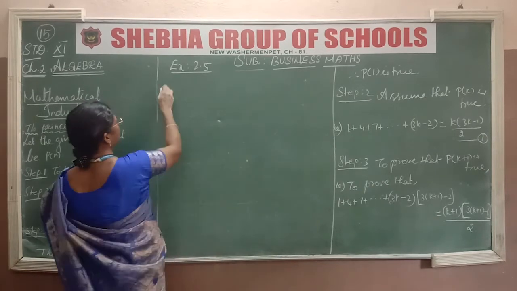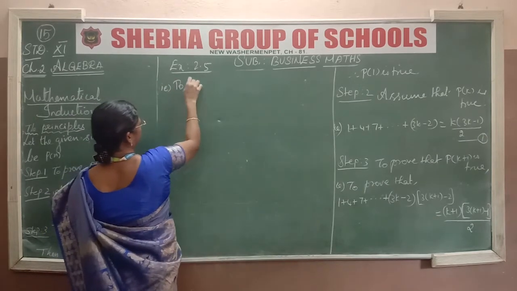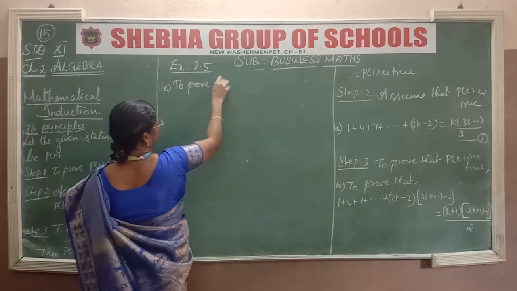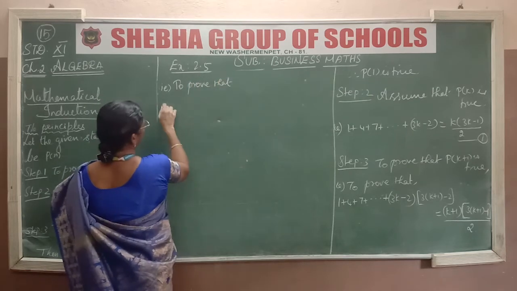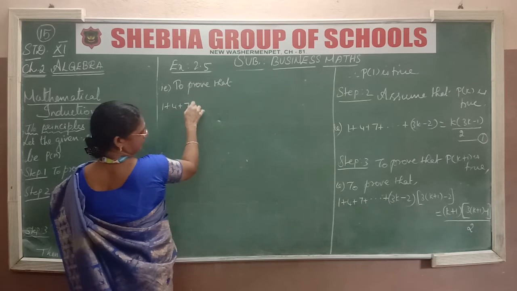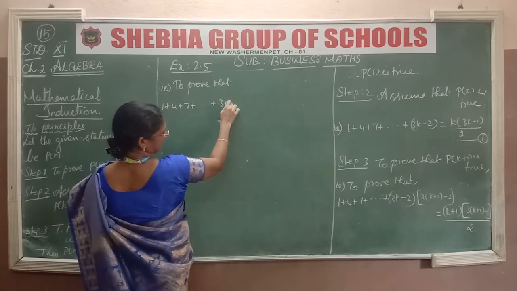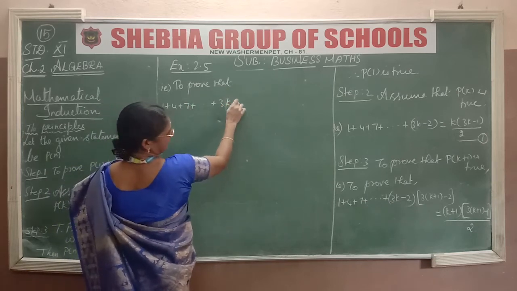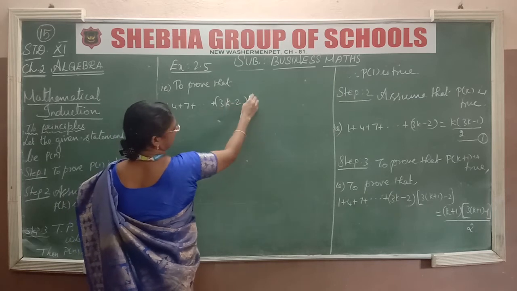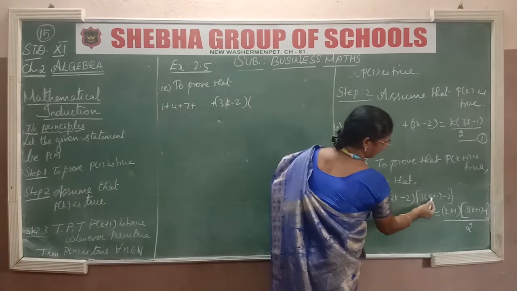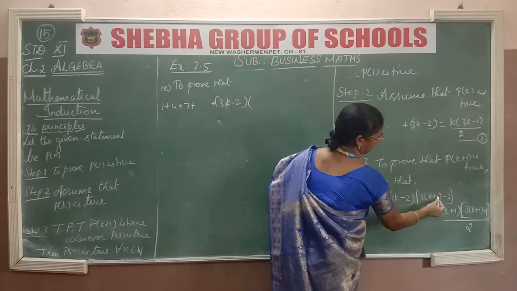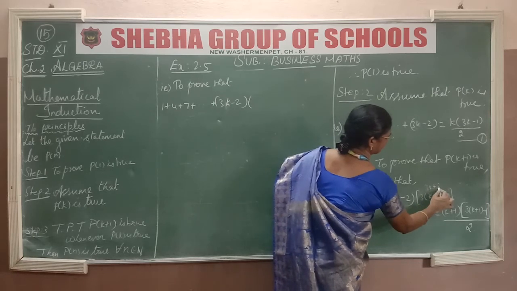So that is to prove that 1 plus 4 plus 7 plus etc. plus 3k minus 2 plus, listen, 3 into k plus 1 becomes 3k plus 3 minus 2.